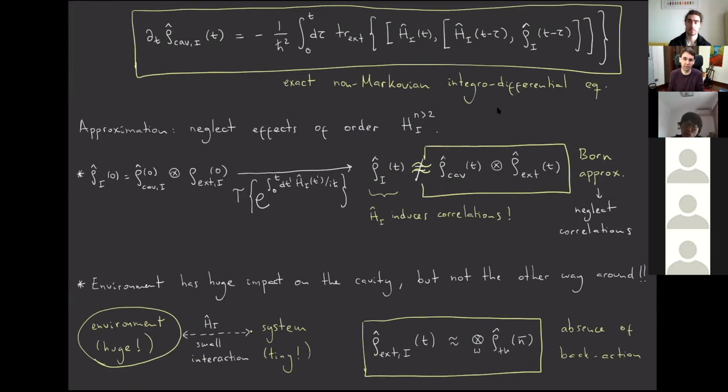So you cannot claim that one system is very big and the other one is small, okay? Even in that situation, you can still try to find an equation for a reduced system, but now you cannot make this absence of back action approximation. You have to do the Born approximation only, okay?